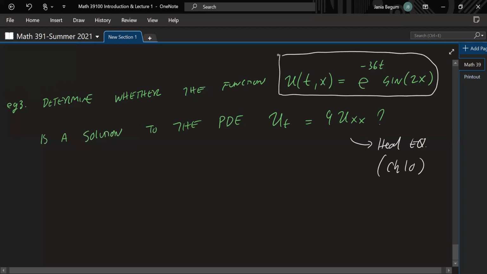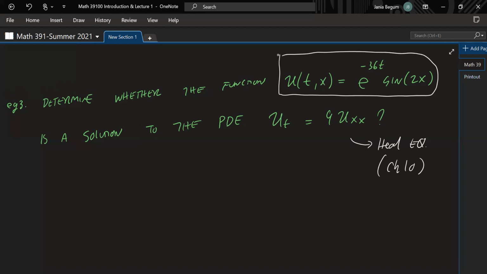How do I determine if this weird looking function is a solution to this? Now, the notation might be a little weird for you if you're seeing it for the first time. If you took calculus 3, I believe you did see partial derivatives. Did you guys see partial derivatives?